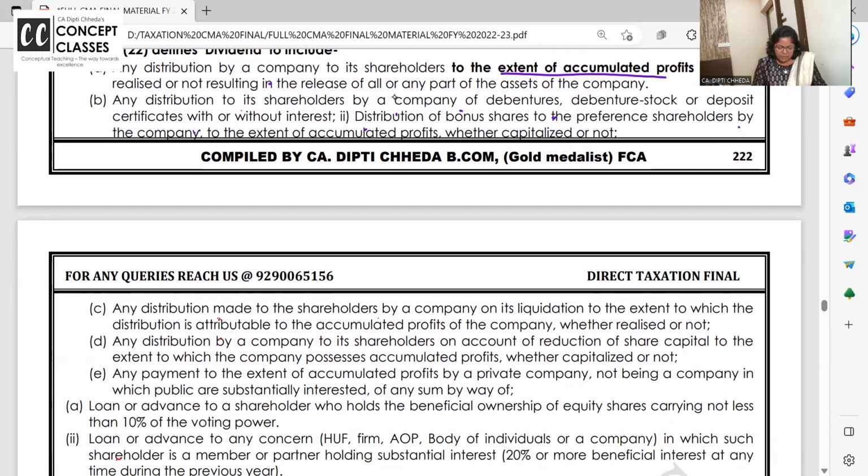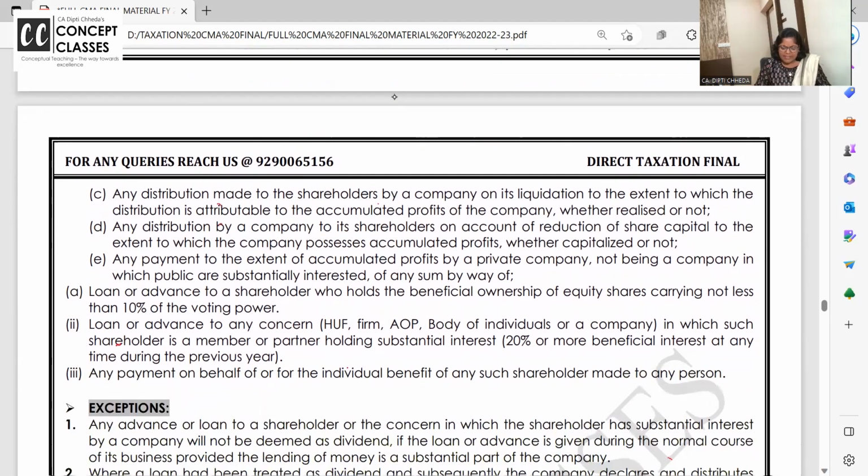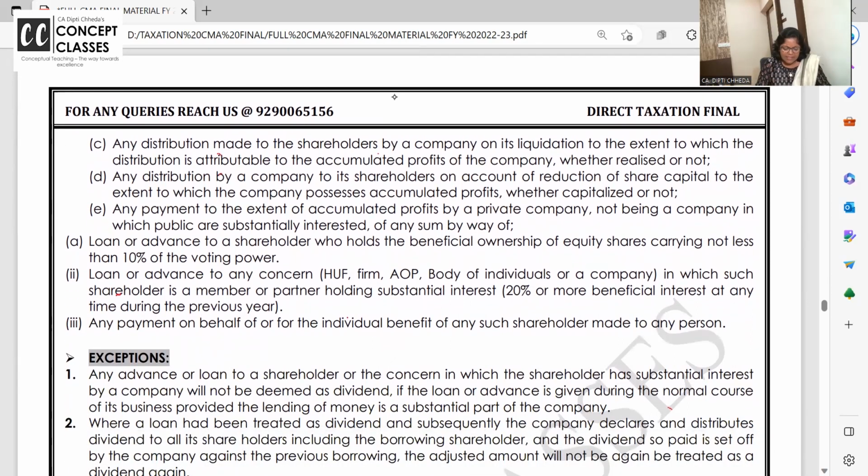Now, distribution of bonus shares to preference shareholders, not equity shares, by company to the extent of accumulated profit. Accumulated profits में से अगर preference shares को bonus shares दे रहे तो it's a deemed dividend. I know the language is a little technical, but ये ऐसे ही है.